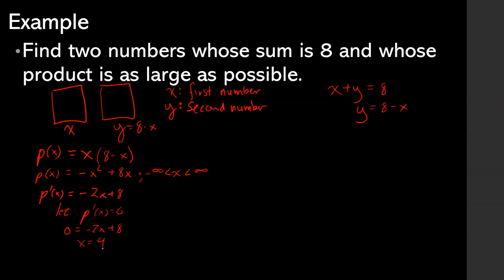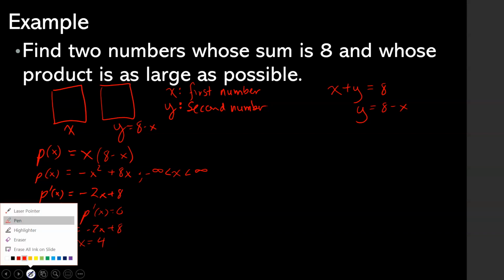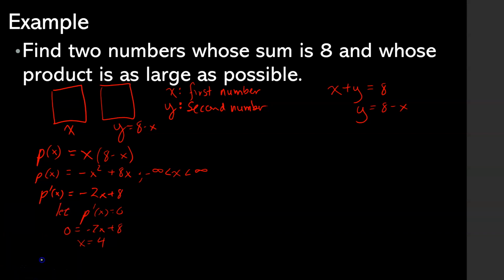Now, a lot of people make a mistake of stopping at that x equals 4, but you need to justify. This is AP Calculus. So let's change our color so we get to the justification part. In order to justify, we're going to need a sign chart. 4 on this sign chart. These are x values, and this gives us the sign of p prime.